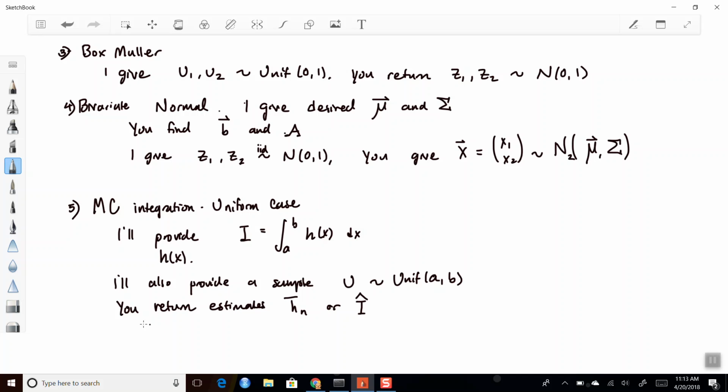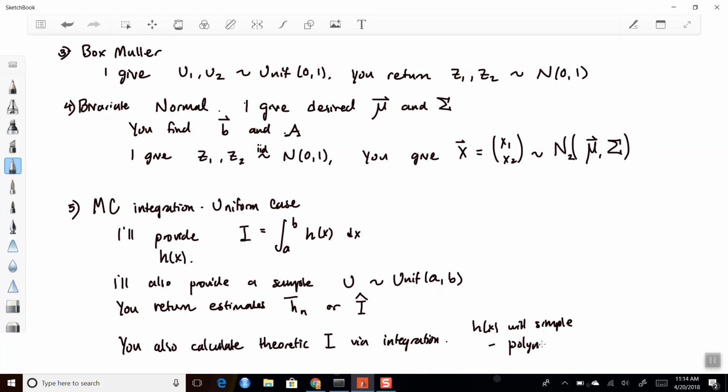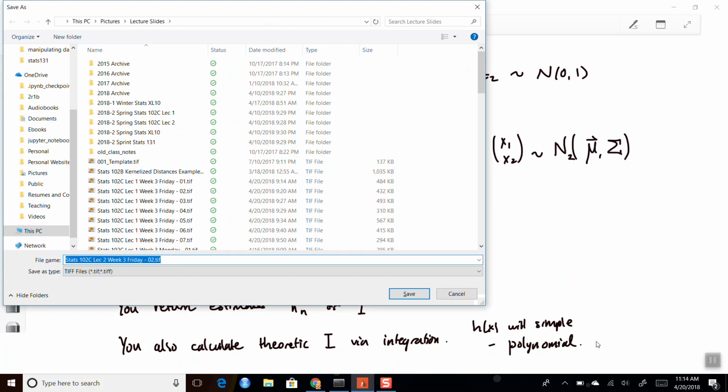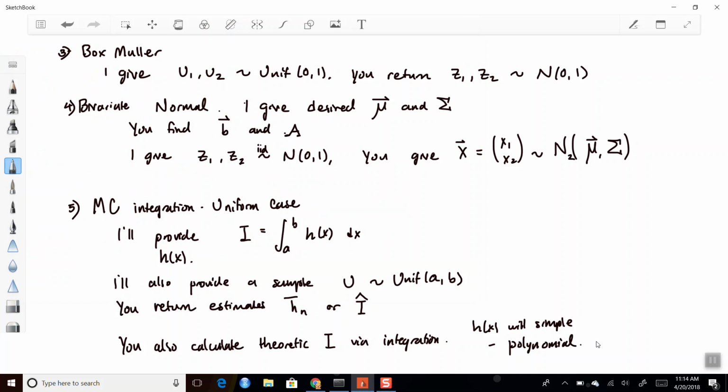Maybe you'll also calculate the theoretical value via integration. The h of x will be simple, like just a polynomial. I'll try to keep the numbers on the nice side.